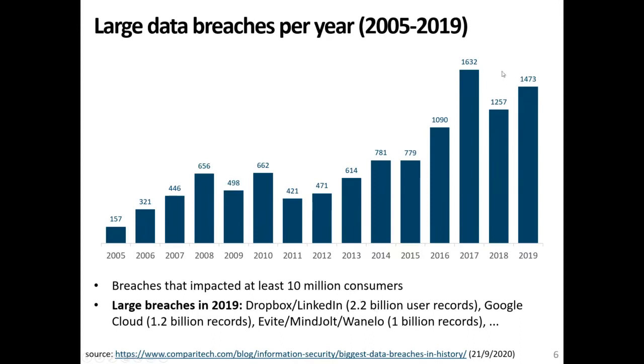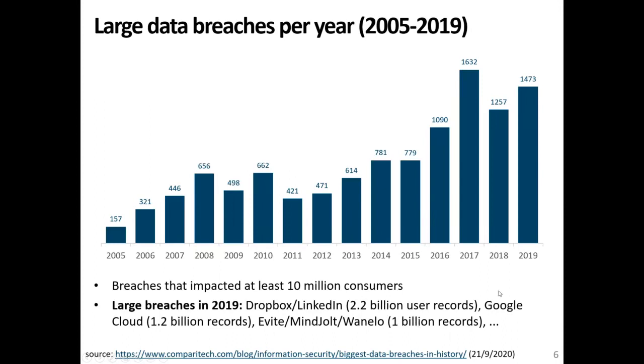So in total, all of these breaches together account for tens or even hundreds of billions of user records that are made available on the dark web by hackers. Some other large breaches that occurred in 2019 are Google Cloud and Evite, also accounting for more than 1 billion records each.